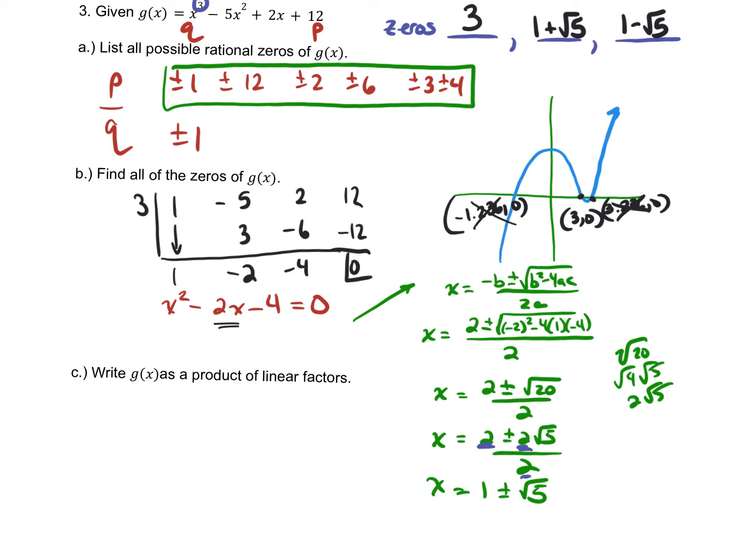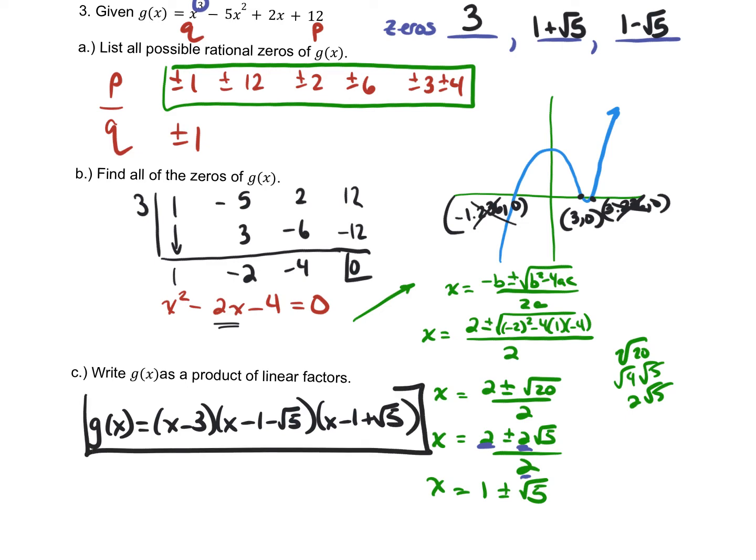If the x was missing, we didn't get that lucky in this case. So now if I want to write this as linear factors, I just do x minus the 0, so x minus 3, x minus 1 minus root 5, x minus 1 plus root 5. So this is the factored form of my initial polynomial. But it's definitely a process you have to go through to solve these kind of problems, getting them from the standard form to the factored form, unlike the first problem that we had on the first page where it was already factored.